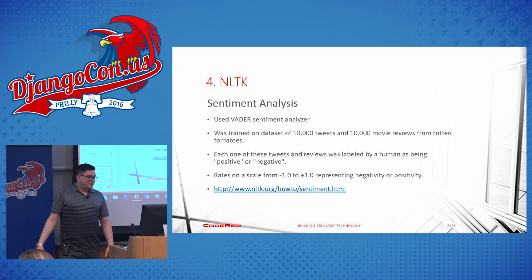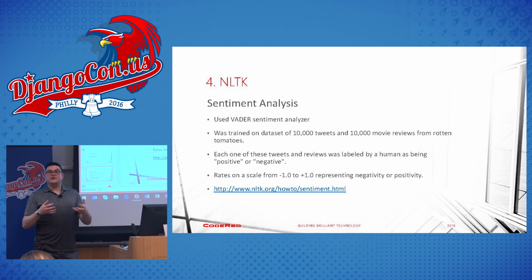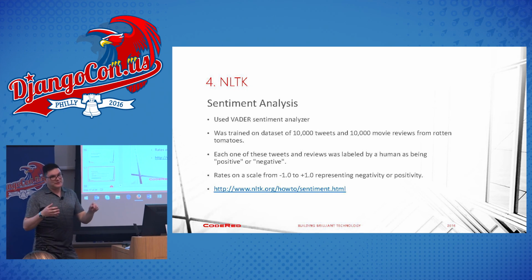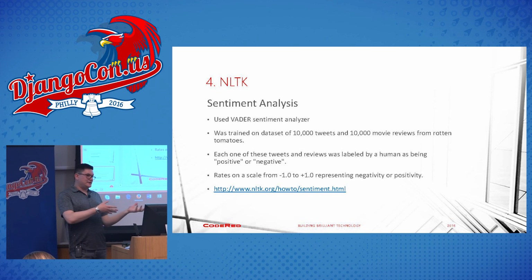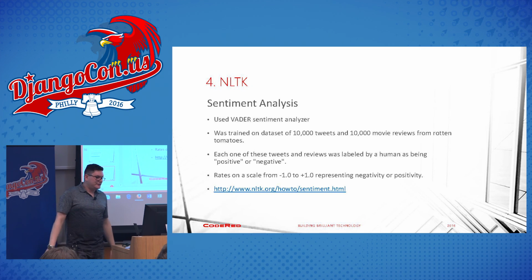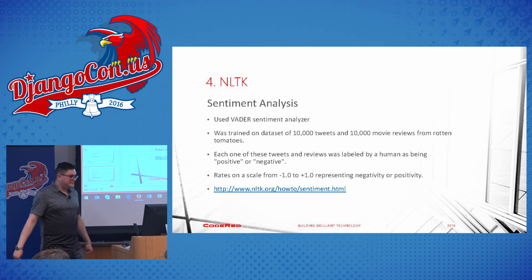Each one of those tweets and movie reviews was tagged by a human as saying, okay, this one's positive or this one's negative. You then feed those into the algorithm, and it learns based on the syntax and the grammar and the word choices what a positive text looks like and what a negative text looks like.